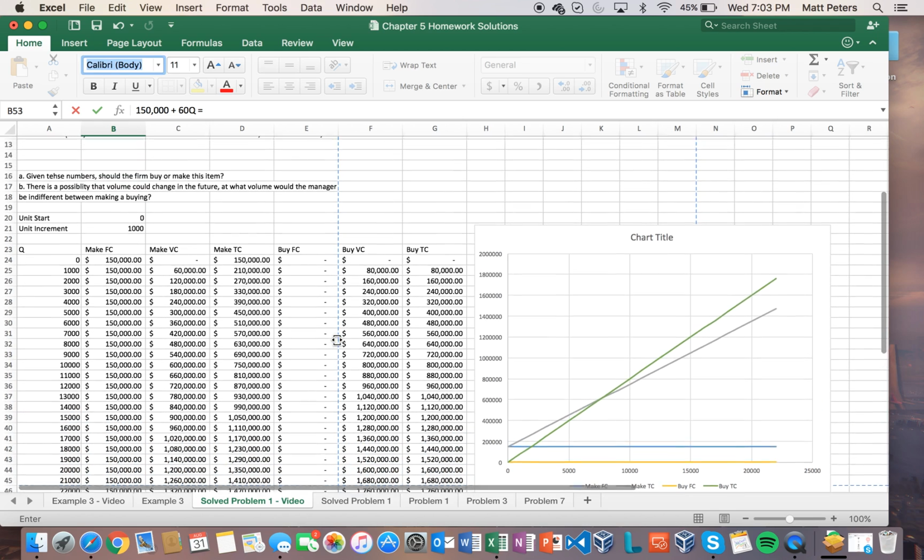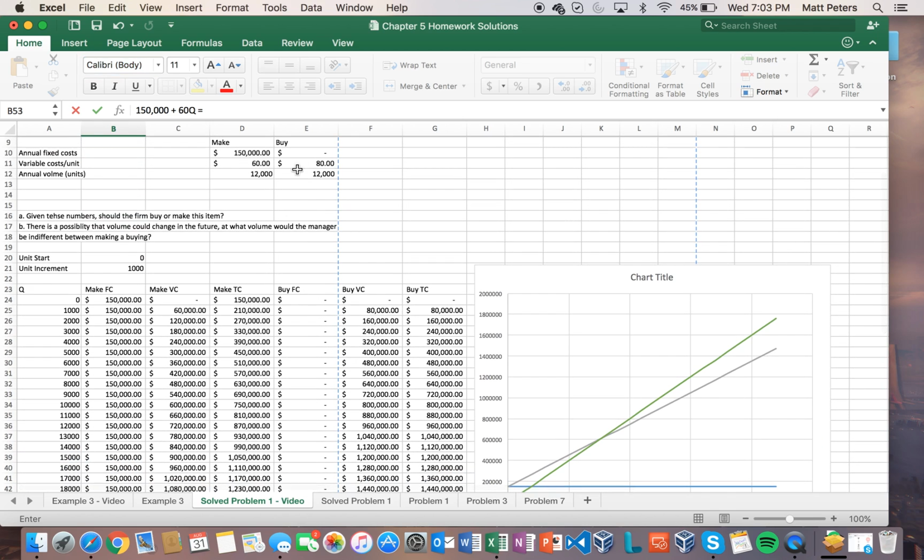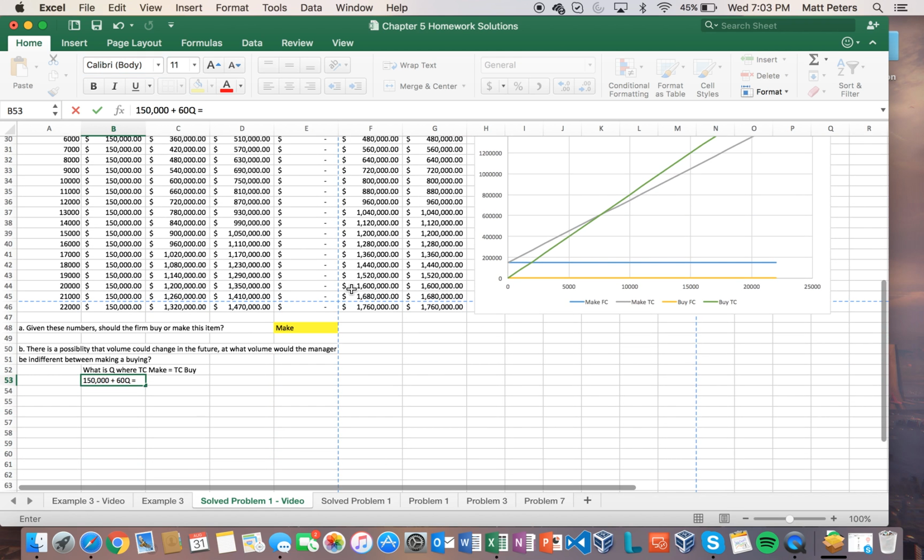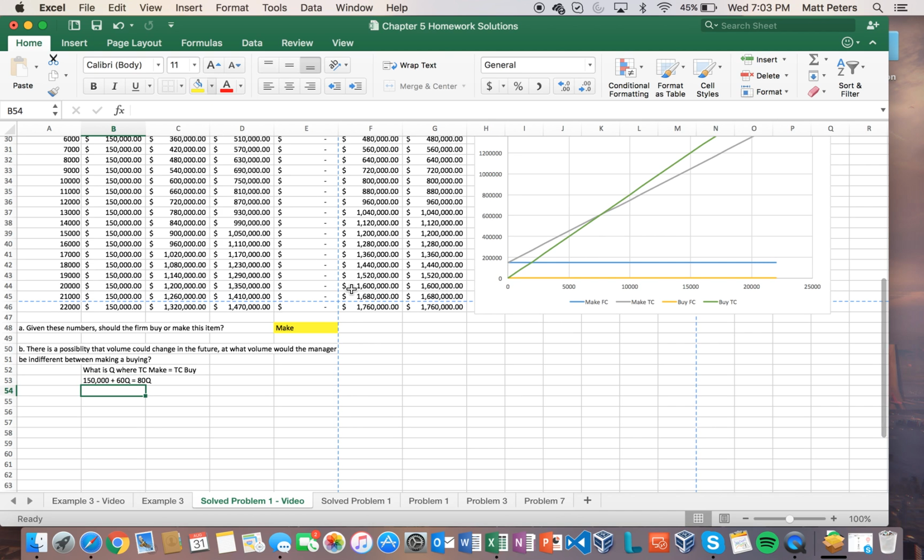Our total cost to buy, we had no fixed cost, so it's just the variable cost, which is 80Q. So we've got the formula 150,000 plus 60Q equals 80Q. So to find this Q where the two cross, we need to solve this formula.